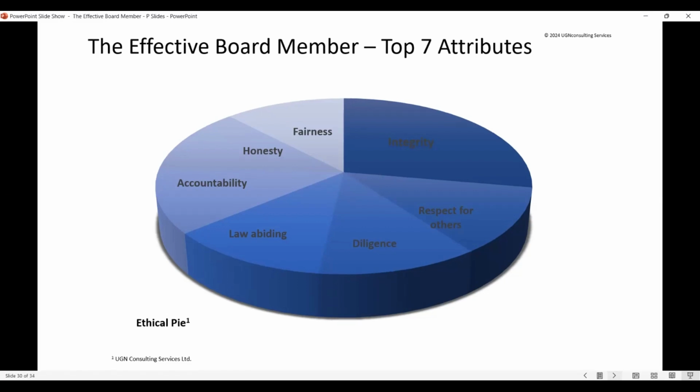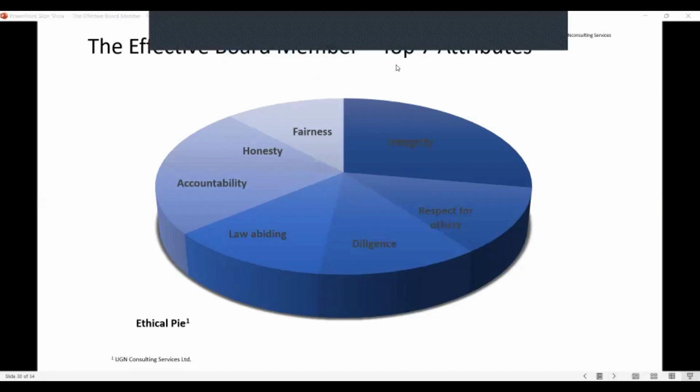So we cannot overemphasize ethics, the ethics of the board. And when you talk about an ethical board, it's the individuals that make up the board that make it an ethical board. So ethics is very important.